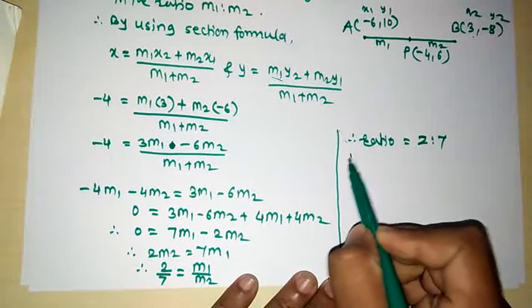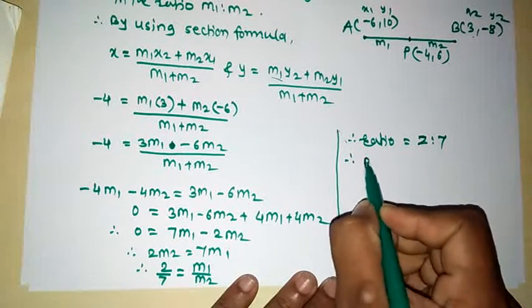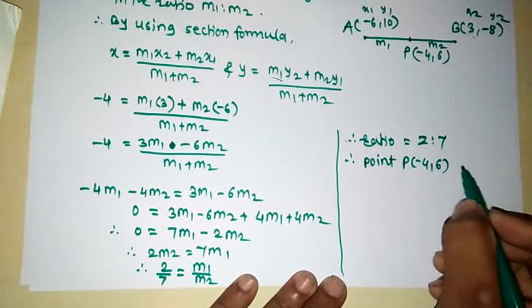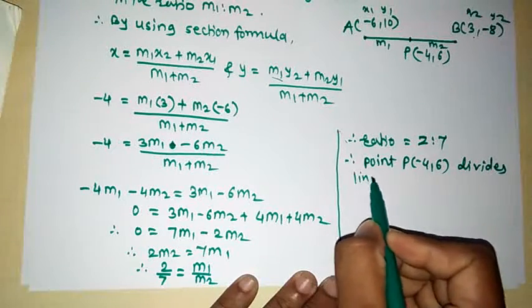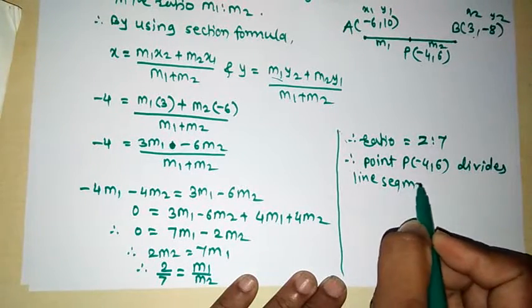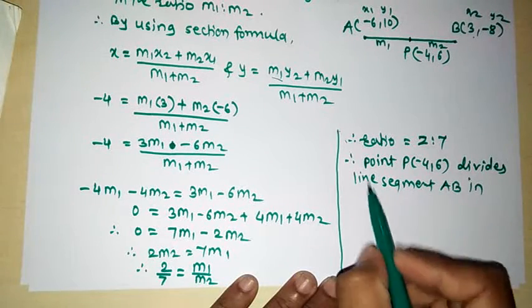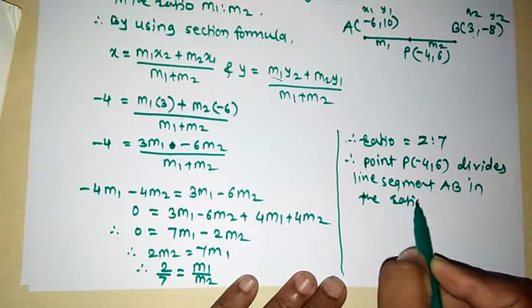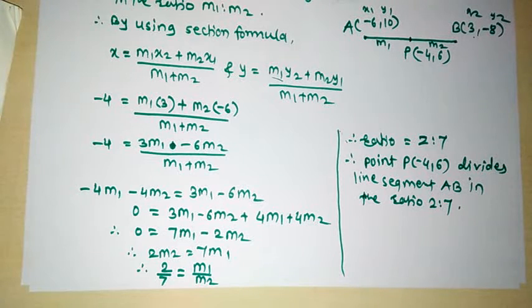Therefore, write below this. Therefore, point P of minus 4 comma 6 divides line segment AB in the ratio 2 is to 7. Copy down this.